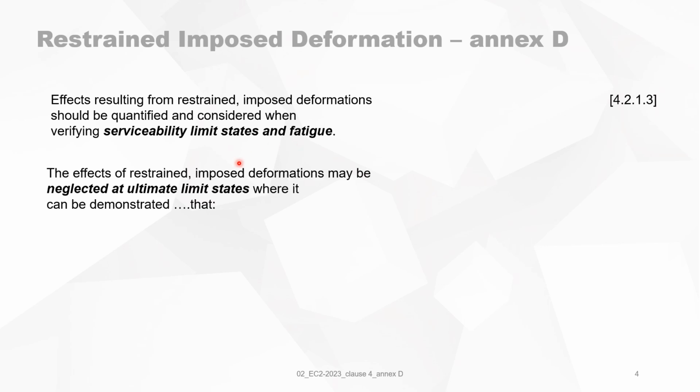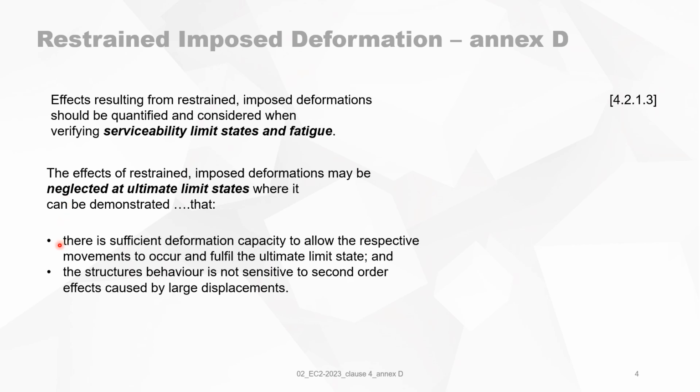But the code says that the effects of restraint imposed deformation may be neglected at ultimate limit state only when it can be demonstrated that there is sufficient deformation capacity to allow the respective movements to occur and fulfill the ultimate limit state, and the structure behavior is not sensitive to second order effects caused by large displacements.